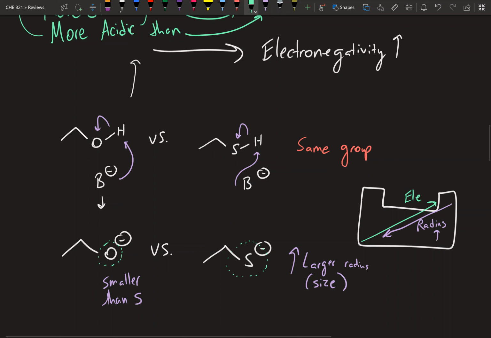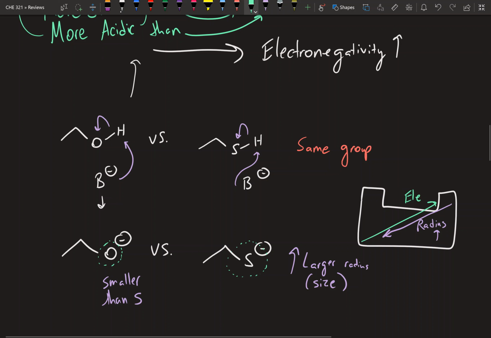That spreading out, or delocalization, which is the word you'll most often hear, ensures that the electrons aren't going to be essentially repulsed by each other. When we have a negative charge and a bunch of electrons in a very tightly concentrated region, there's going to be a lot of repulsion between them because like charges repel each other.